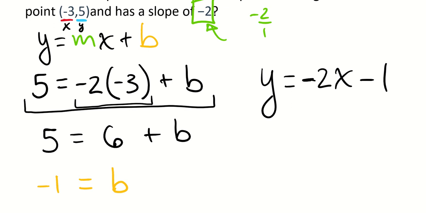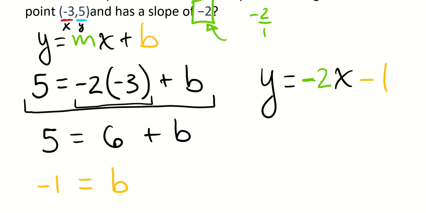And again, all that I've done here is I've started with slope-intercept form, and I've replaced m with my slope, and I've replaced the plus b with the value of b. So I could write plus -1. In this case, I just went ahead and wrote -1. So now you see I've got the equation of a line that has a slope of -2 and will go through the point (-3, 5).